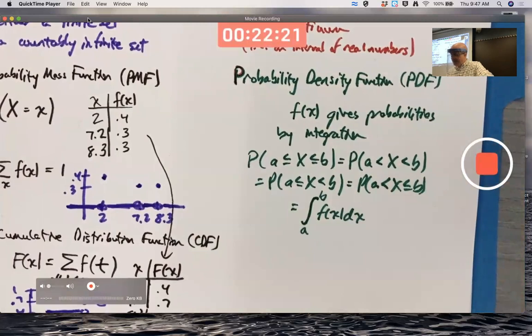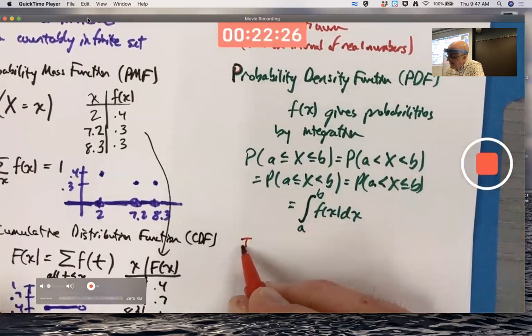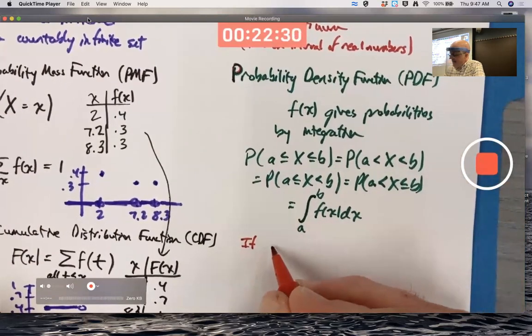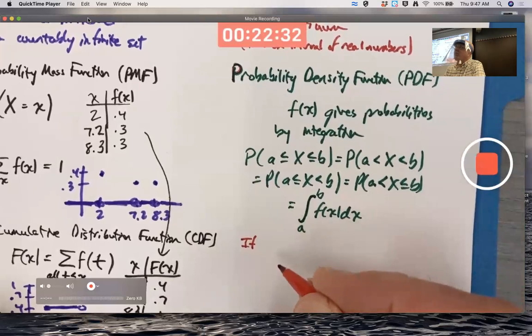It's saying, if, how should I write this?